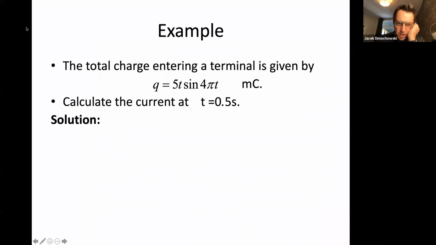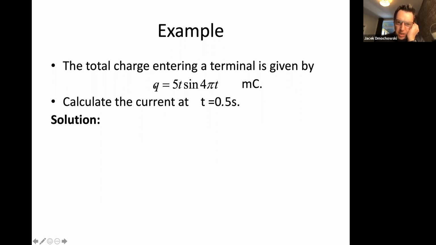So the question is this: the total charge entering a terminal is given by Q equals 5t times sine 4 pi t millicoulombs, and we are asked to calculate the current at 0.5 seconds. Notice that current is an instantaneous quantity, which means there's a different current value for every point in time.